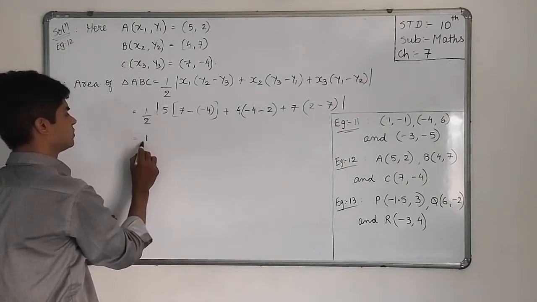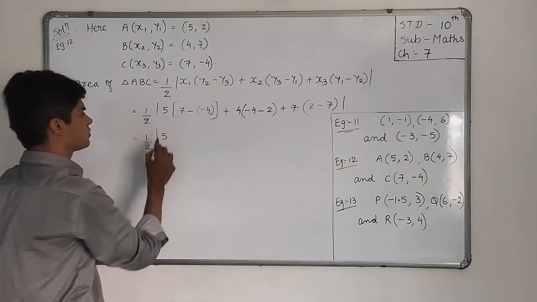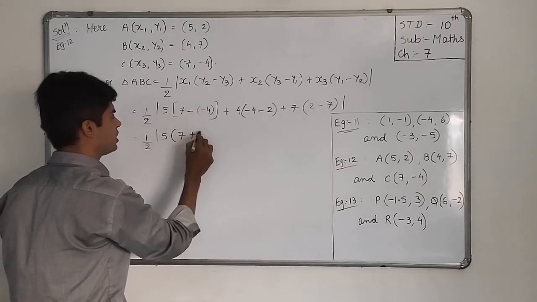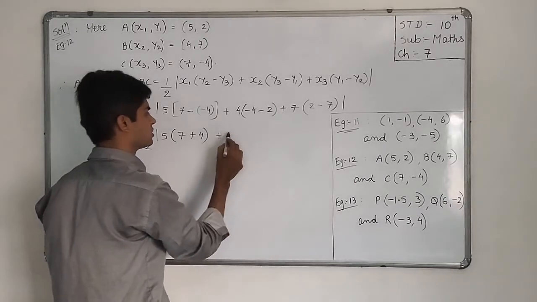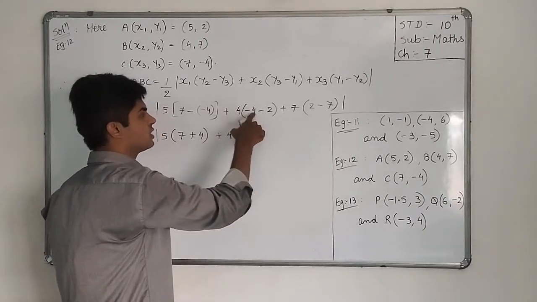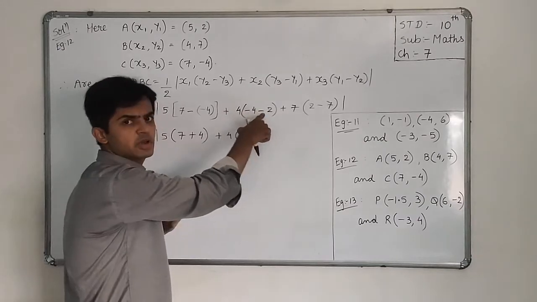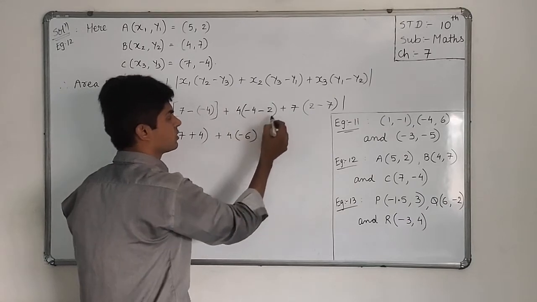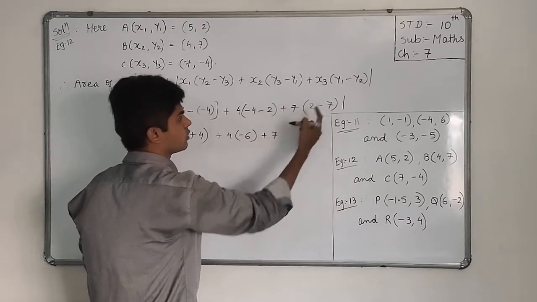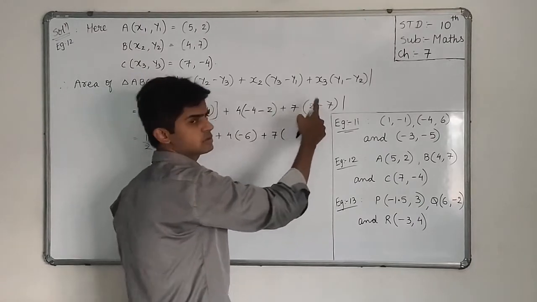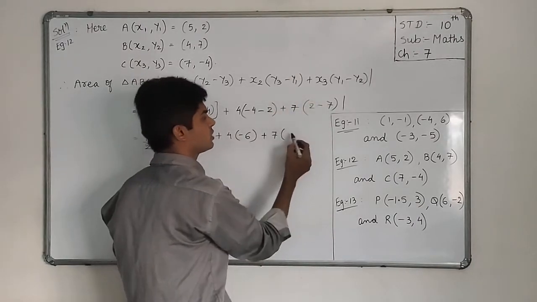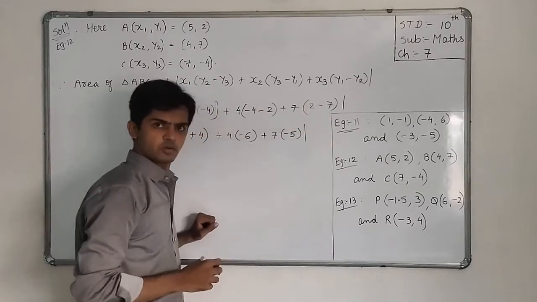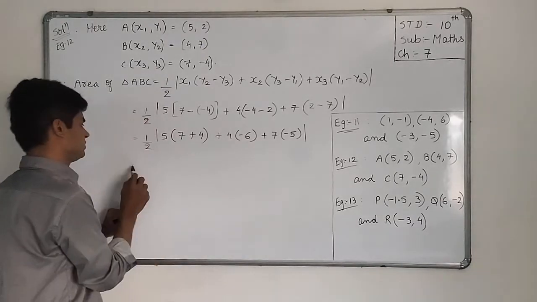Let us solve this. 1 by 2, 5 into 7 minus plus 4 plus 4 into -4 -2: minus, addition, 4 plus 2 is 6, bigger digit sign plus. 7 into 2 minus 7: plus minus, subtraction, 7 minus 2 is 5, bigger digit sign minus.